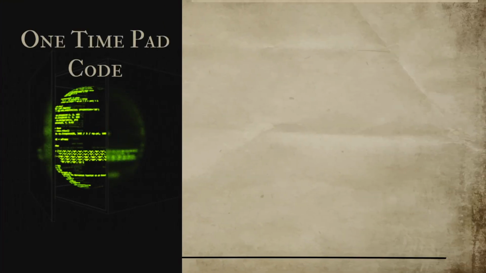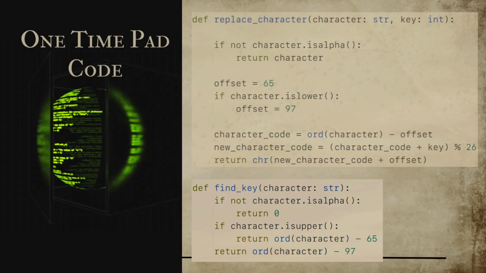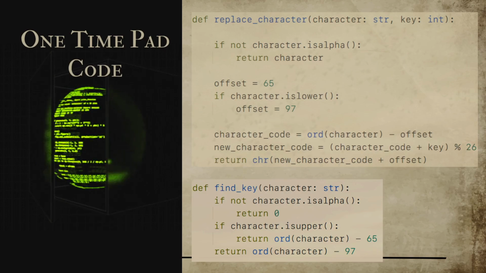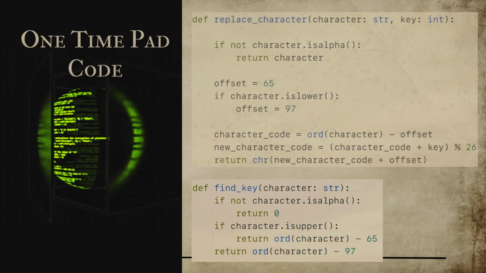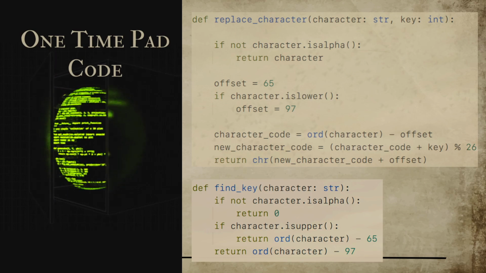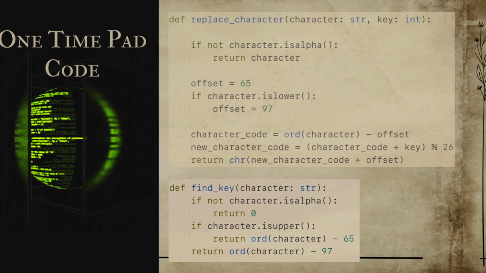So here is the code for one-time pad with the same replace character function here too. Here we have one more function to calculate the character norm of any key based on ASCII value, although this is kind of redundant.